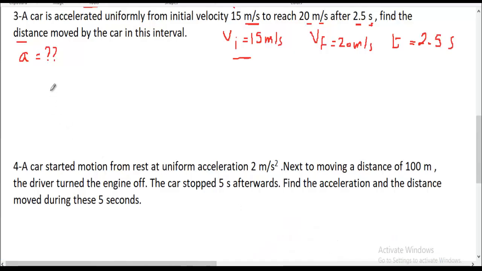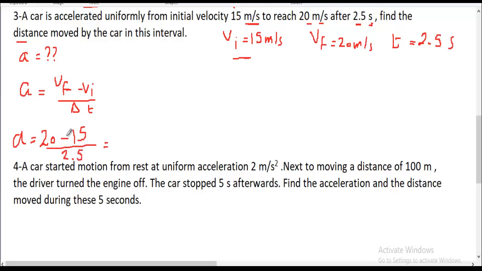So first, I will get acceleration by the first equation: a equals Vf minus Vi over delta t. So acceleration is Vf, 20, minus Vi, 15, over time, which is 2.5.